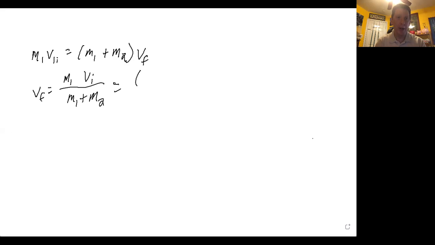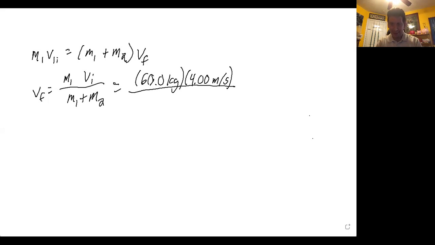And so the 60 kilogram skater is moving initially at 4.00 meters per second, about 9 miles per hour. And you're dividing by the total mass.